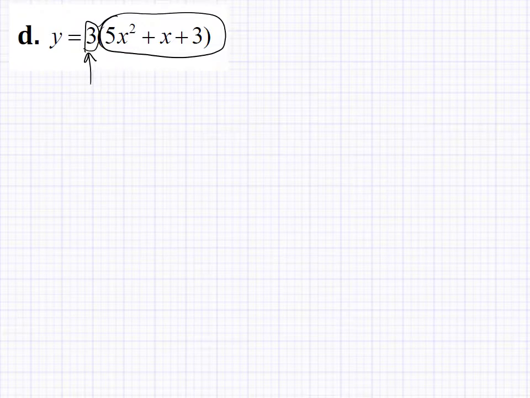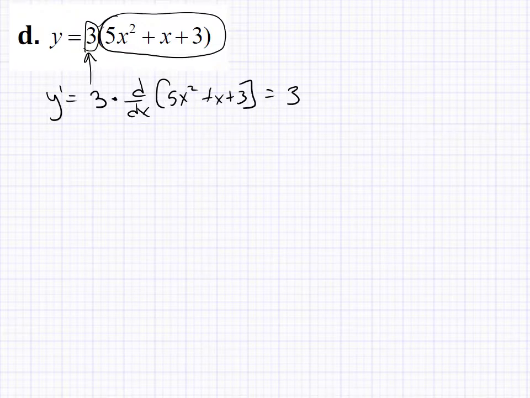And if we apply the constant multiple rule instead of the straight product rule, what the constant multiple rule says is that the 3 should come out and I really should just take the derivative of 5x squared plus x plus 3, which would give me 3 times 10x plus 1, which I could write as 30x plus 3.